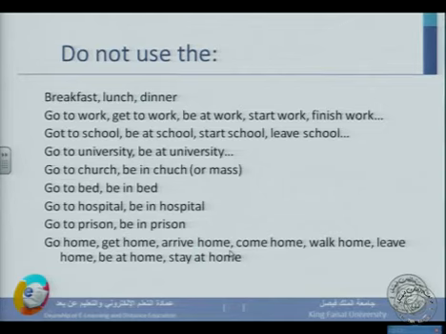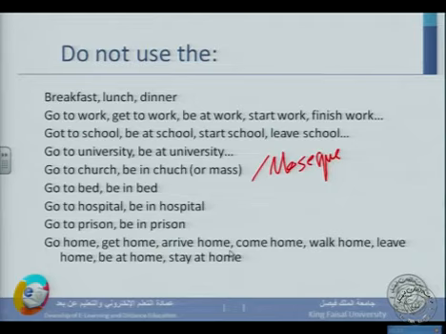Okay? I'm going to the university. هذا خطأ. لازم نحكي I am going to university. To King Faisal University. To Duke University. To North Florida University. ما بنقدر نستخدم the. Or you can go to church. Or you can go to mosque. مسجد.